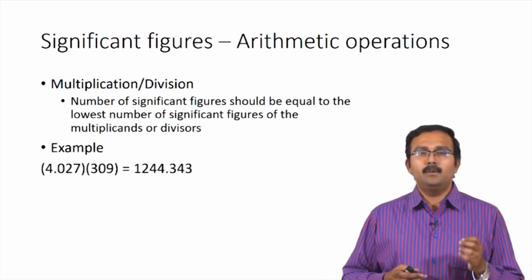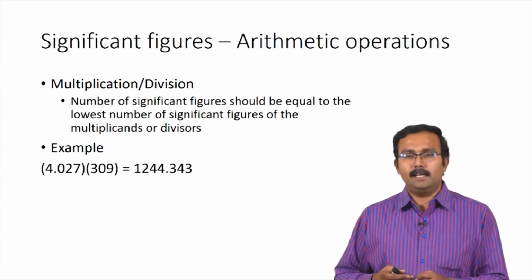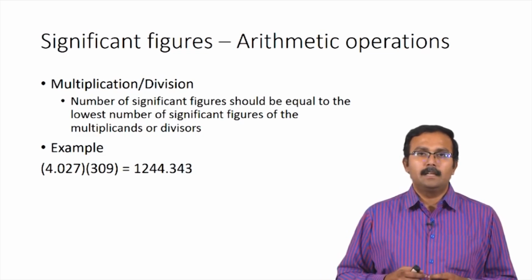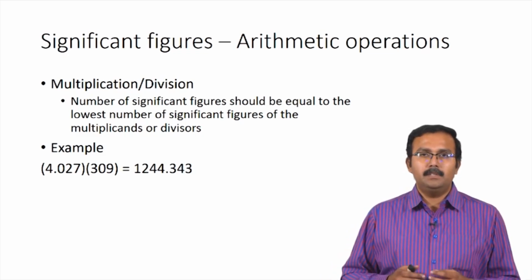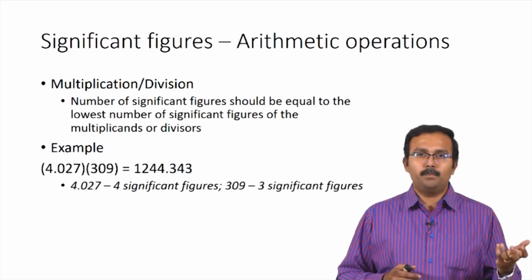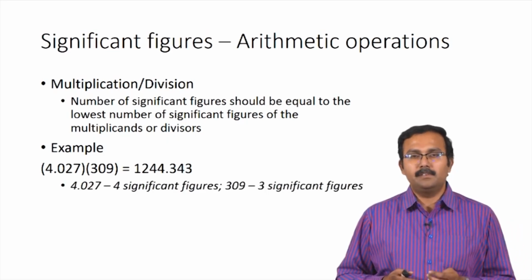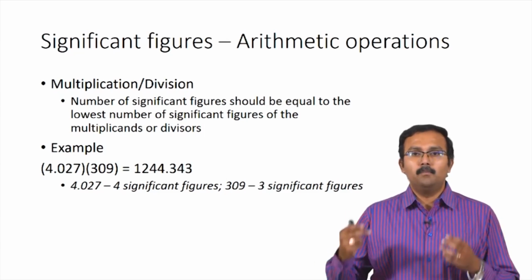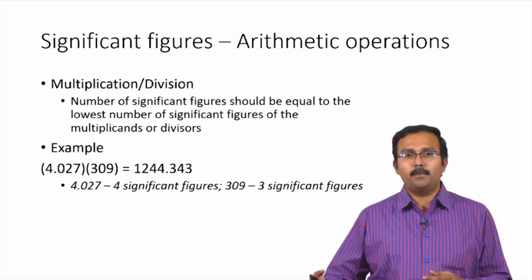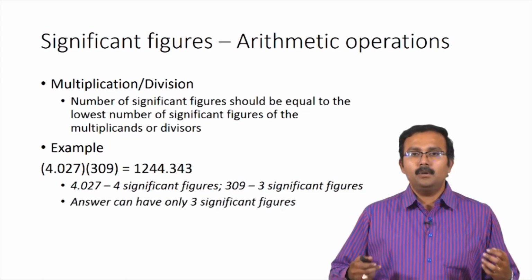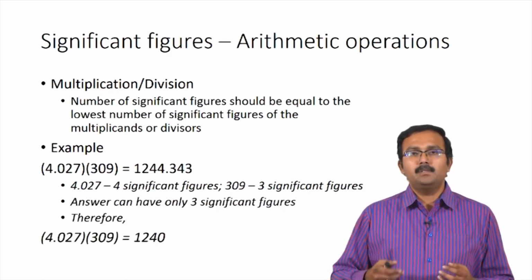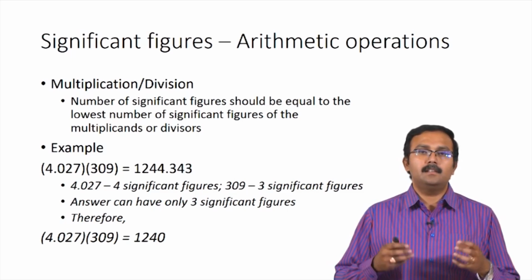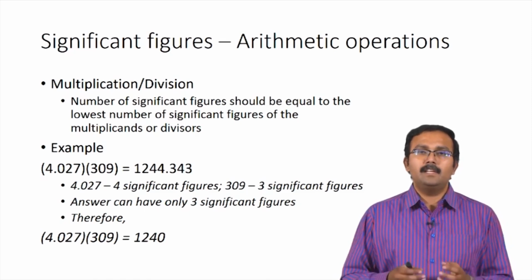You have 4.027 times 309 giving you a value of 1244.343. So, this is what your calculator would give you. However, the first term, 4.027, has 4 significant figures, and the second term, 309, has 3 significant figures. So, the most number of significant figures your final answer, which is the product, can have is 3 significant figures. So, you would write down your answer as 1240 to match the significant figures.